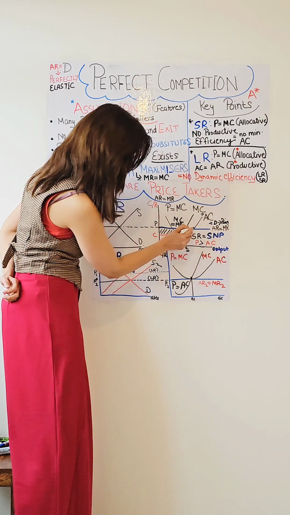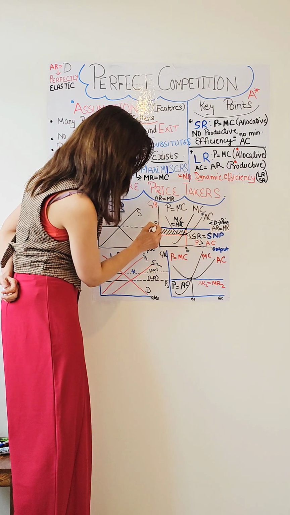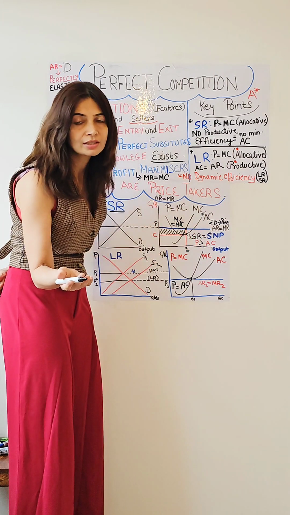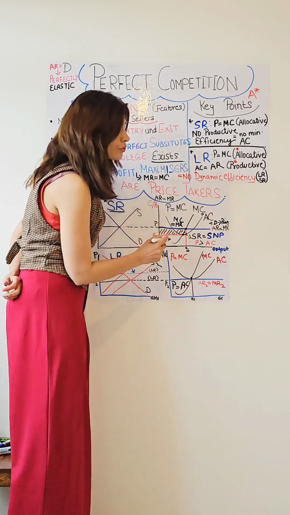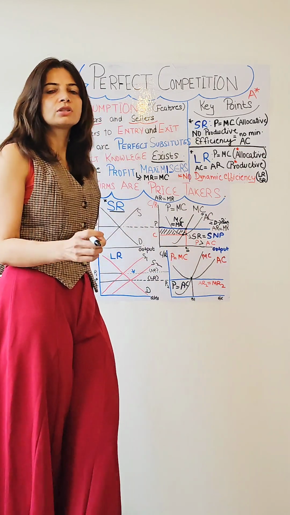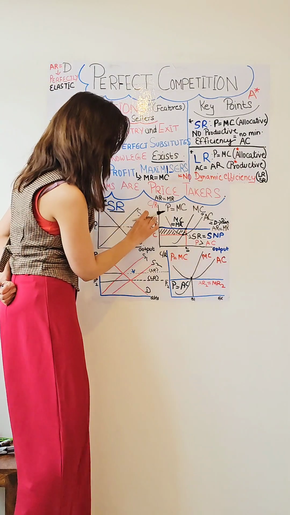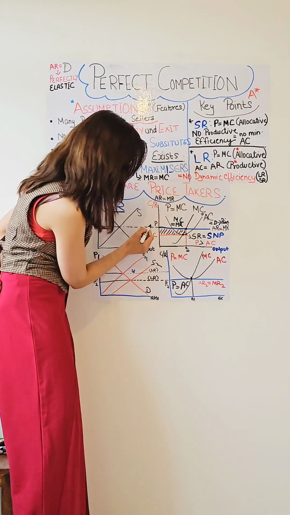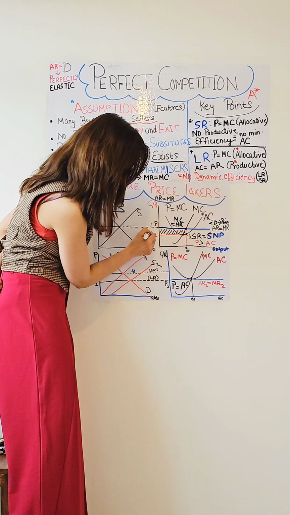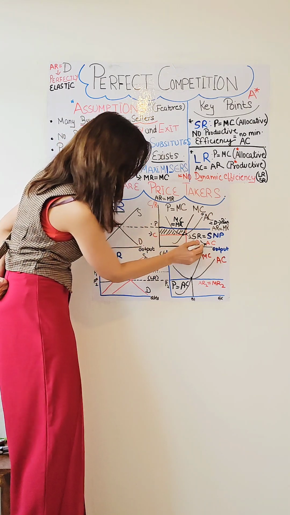AR is also the price that the business is offering in the market. They are price takers, they really cannot do anything about the price. However, in the short run, because it is just about the current or existing businesses, they are making supernormal profits. We can see that price is greater than the average cost of production.